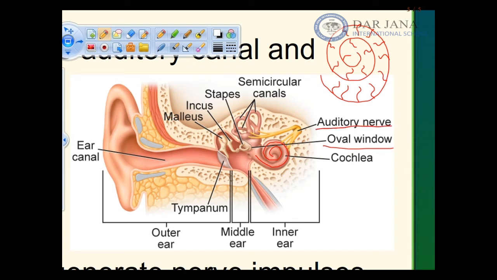So the auditory nerve is what transmits impulses from the cochlea in the inner ear to the cerebrum, allowing us to receive these sound waves and interpret them in the brain by the interneurons to allow us to hear, to acquire the sense of hearing.